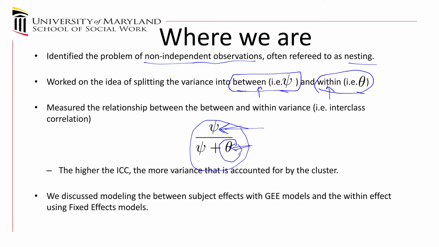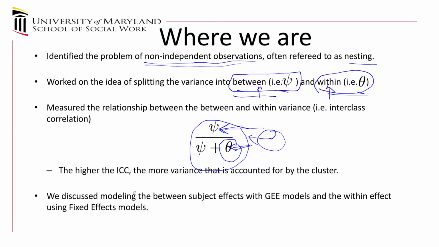They change a little, so we would expect higher interclass correlations in longitudinal data than we would in measuring classroom effects. But nonetheless, we've taken this non-independence, we've split it into the between and the within variance. We can measure the proportion of variance attributable to each of those, and we call that the interclass correlation.